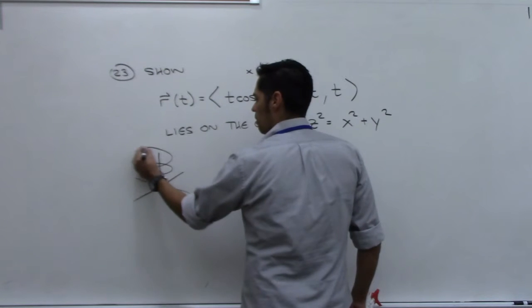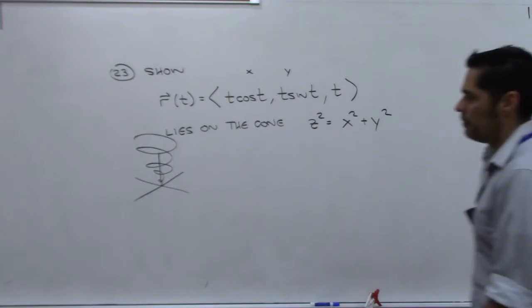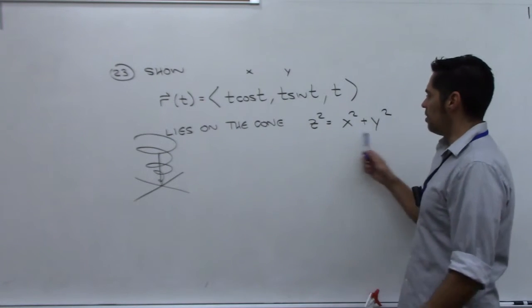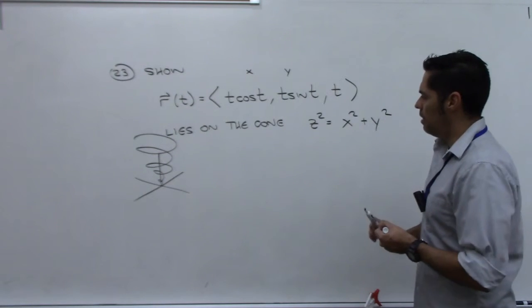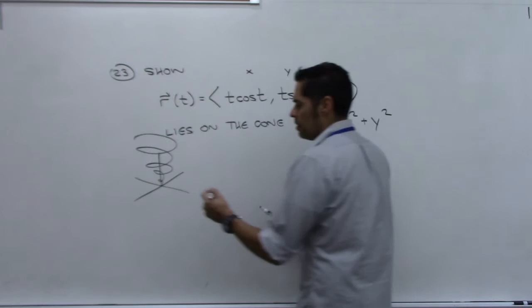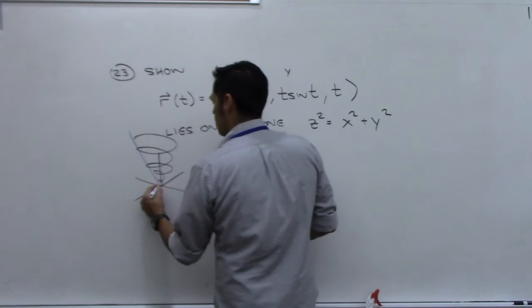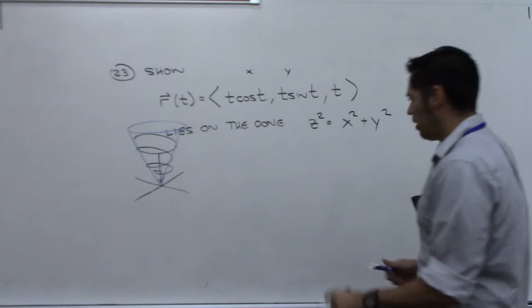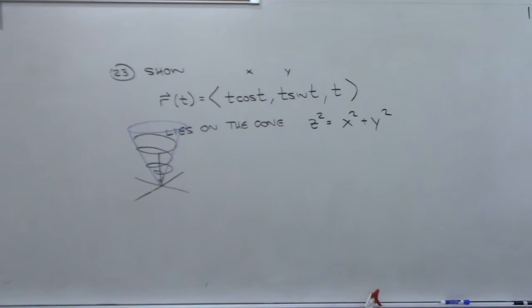What we're trying to show is that it lies on this cone. Remember, this is a cone equation, and since z is isolated, the cone opens up in the z direction. So imagine a cone that looks like this. We're trying to show that that parametric curve is actually on the surface of that cone.